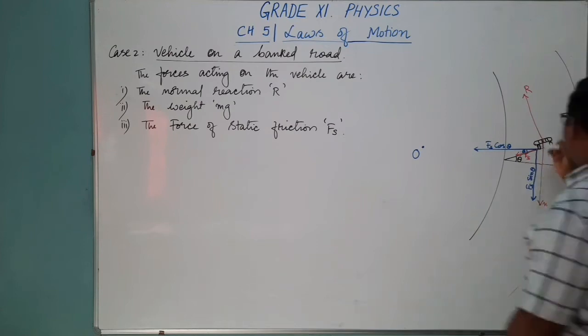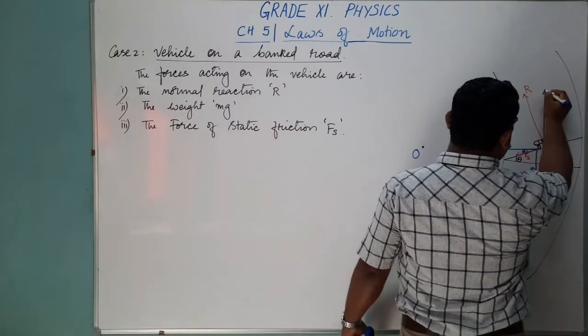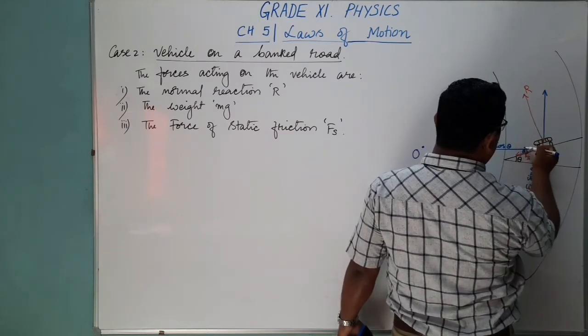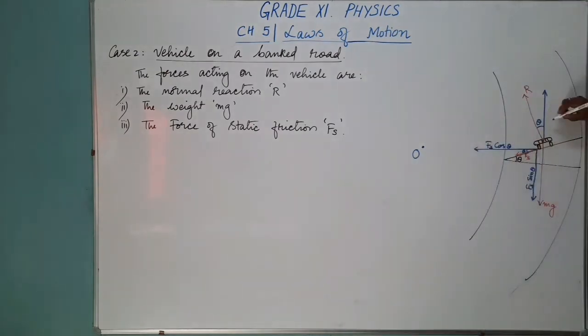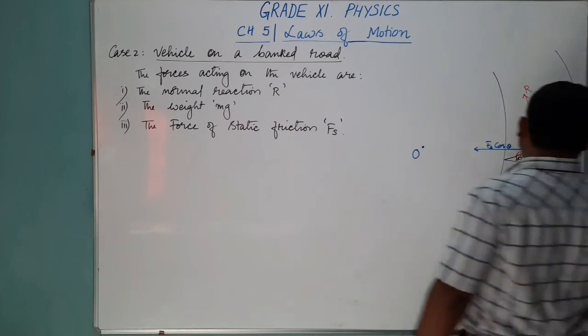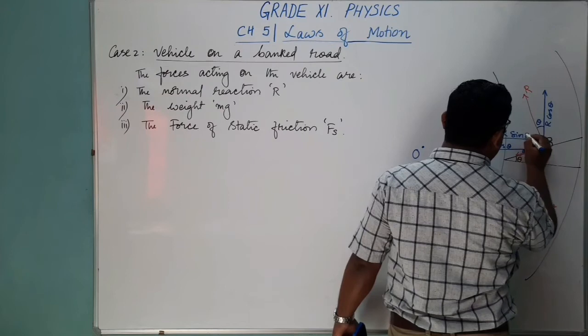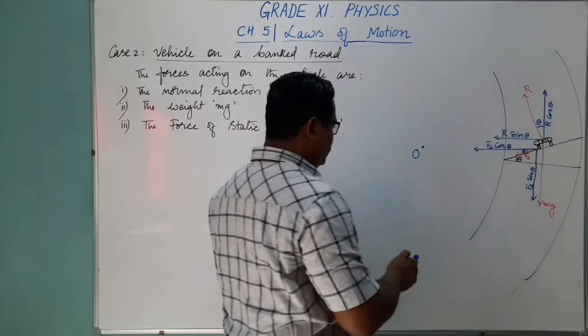Then we'll resolve R also into rectangular components: R cos theta, and on this side R sin theta. Like this we will resolve Fs as well as the normal reaction R.